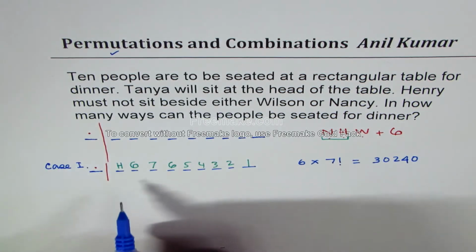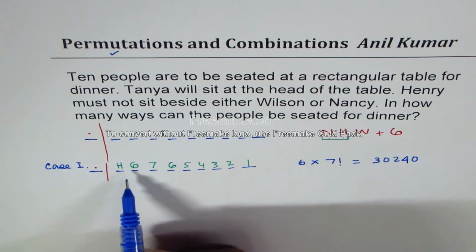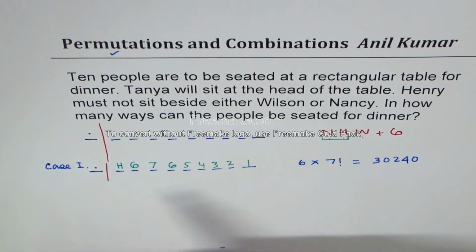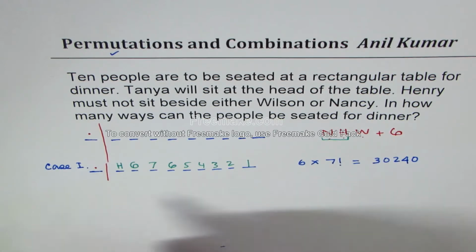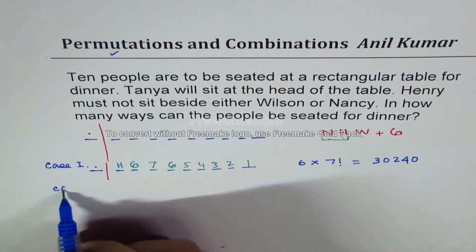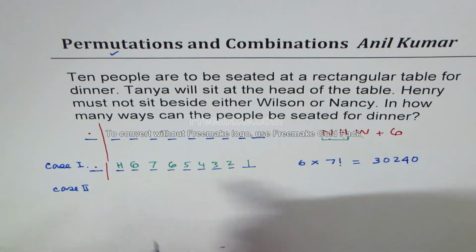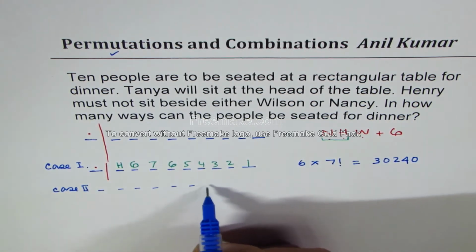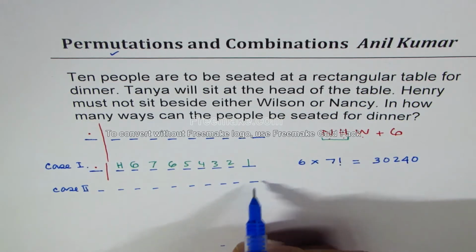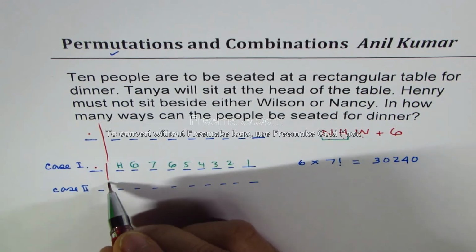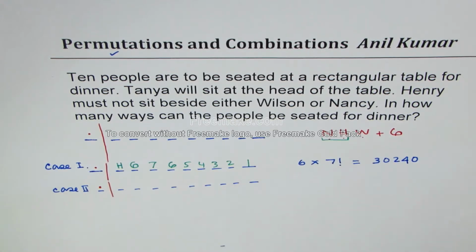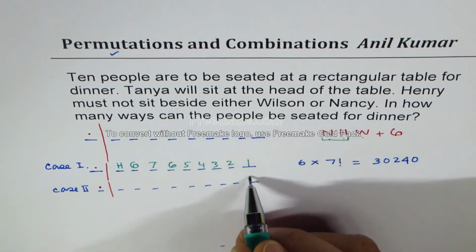Now let's look into the other scenarios where Henry is not at the end position. Well, that brings me to the end position here also. We could have case 2, where we have 1, 2, 3, 4, 5, 6, 7, 8, 9. We know Tanya is fixed here, and let us take Henry to be in the last position.